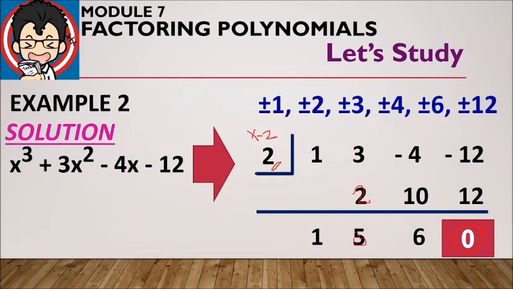We get 5. 5 times 2. We get 10. Negative 4 plus 10 is 6. And 6 times 2 is 12. Ayun. Yun na. So, 0 yung remainder natin. This time, since the remainder is 0, by factor theorem, ibig sabihin, x minus 2 is a factor to the given polynomial. So, may isa na tayo.